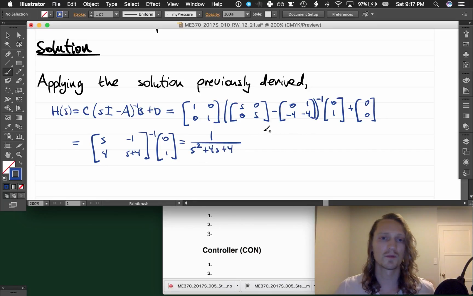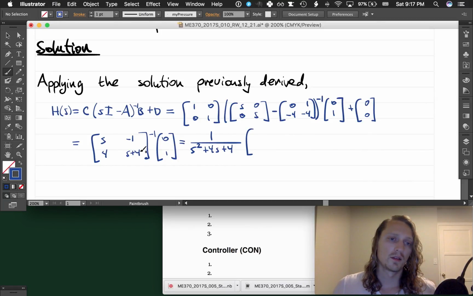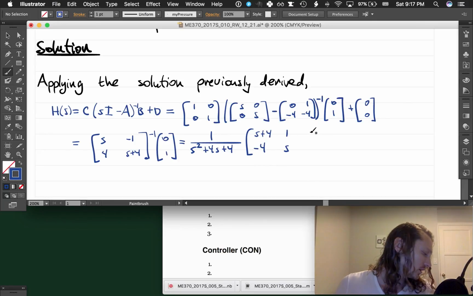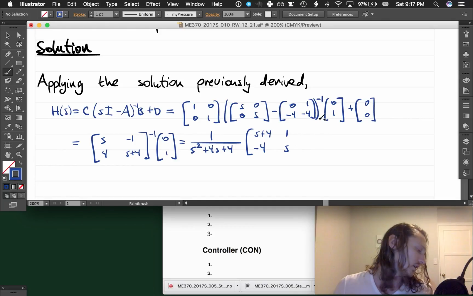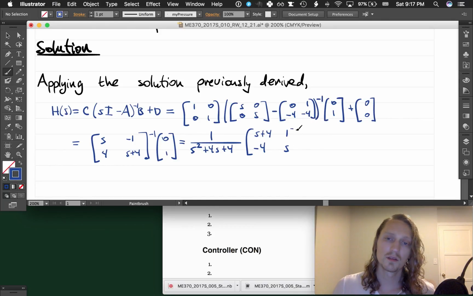It's the determinant. Multiply it by these two terms switched, so you have s plus 4 and s, and then the signs change like this. And did I do that right? I did. Look at me go. Times 0, 1.